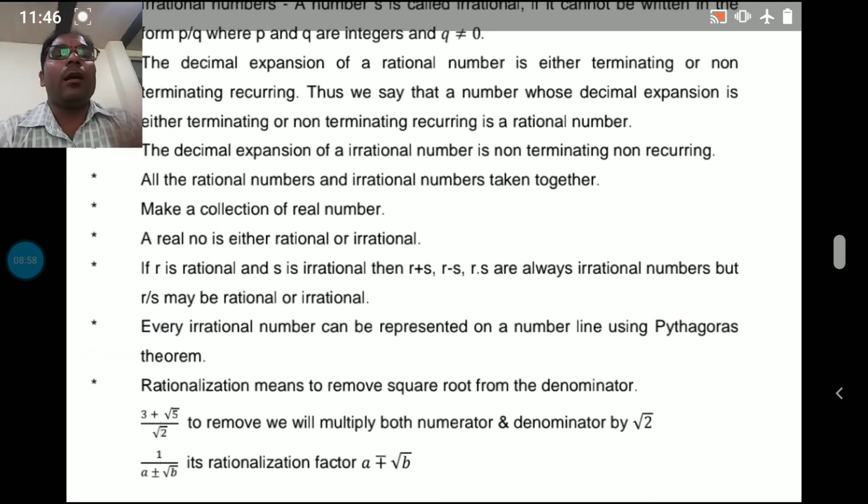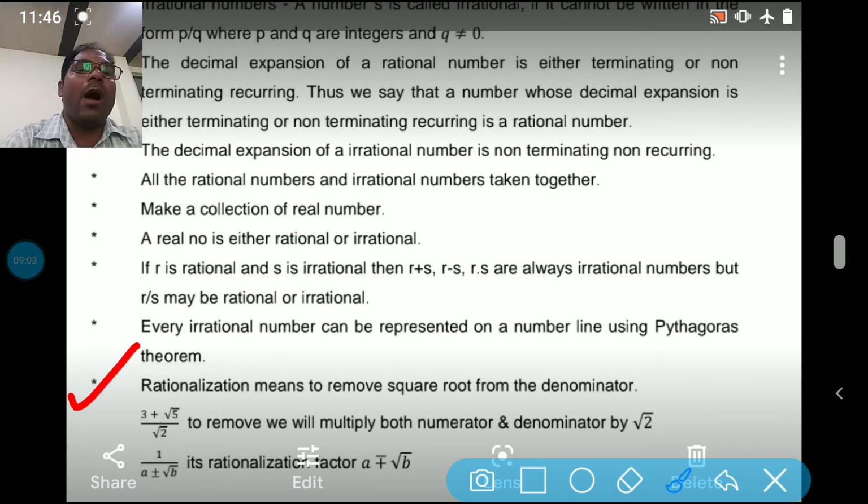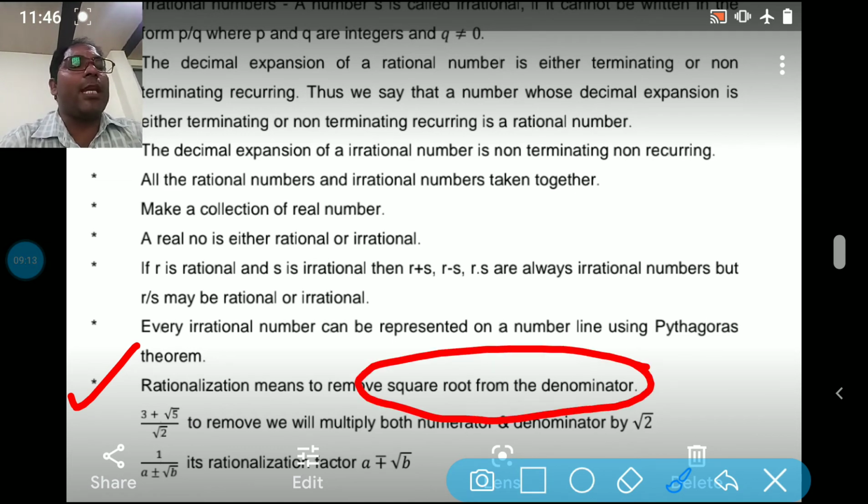Next point I'm going to explain: rationalization. How we can rationalize, what is the method to rationalize and what we have to rationalize. Rationalization means to remove the square root from the denominator. This is the meaning of the rationalization of a fractional number.